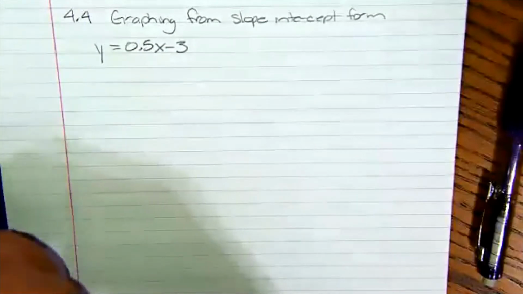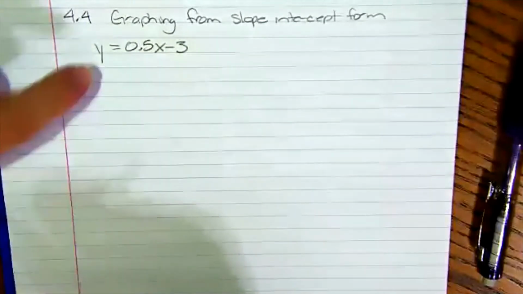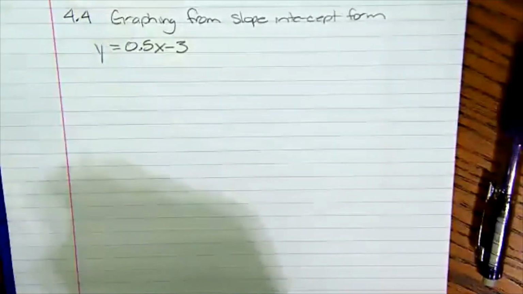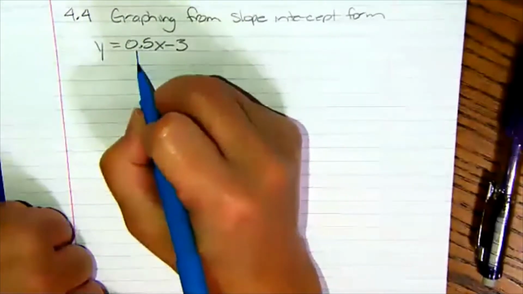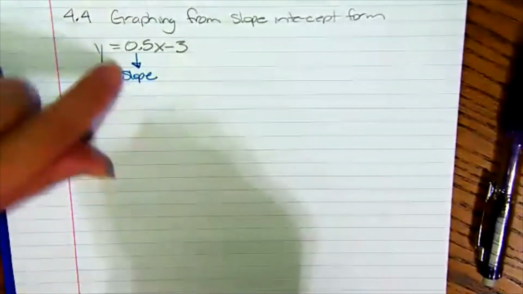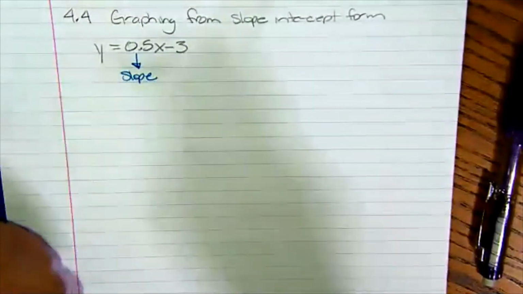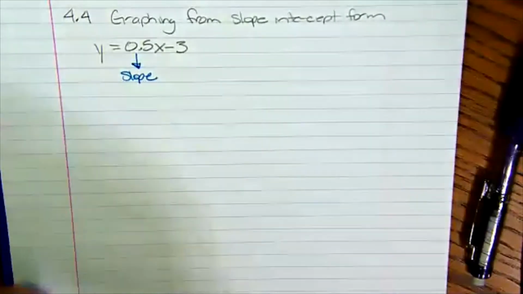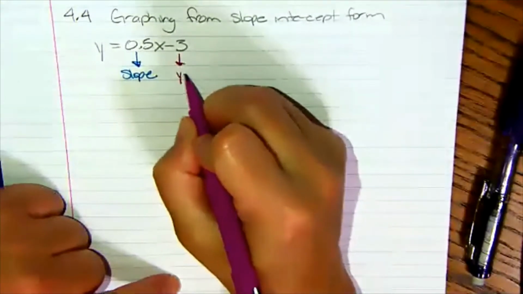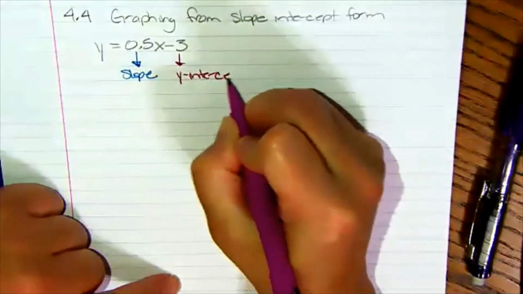So when we look at this equation, we can see that it follows y equals mx plus b format. And we know that m is the slope, and we know that b is our y-intercept.